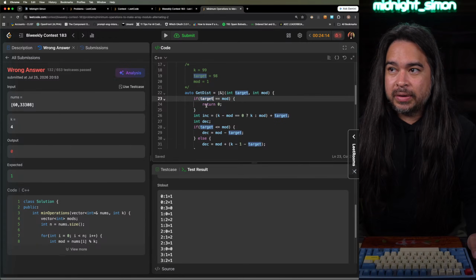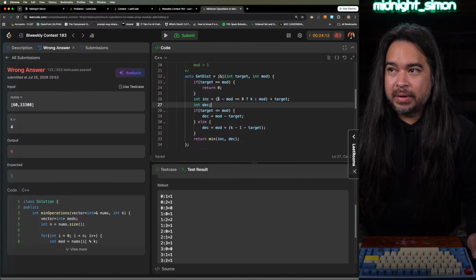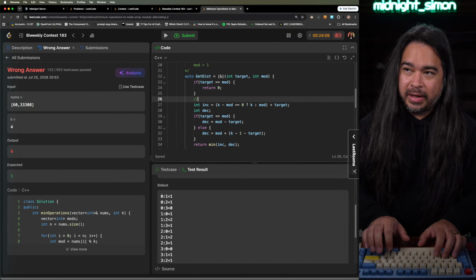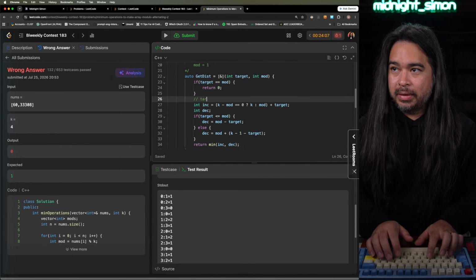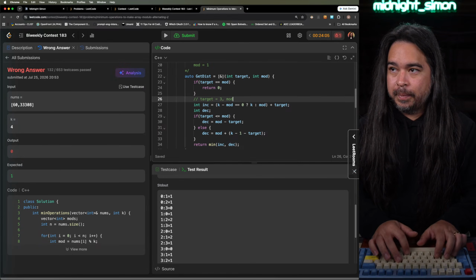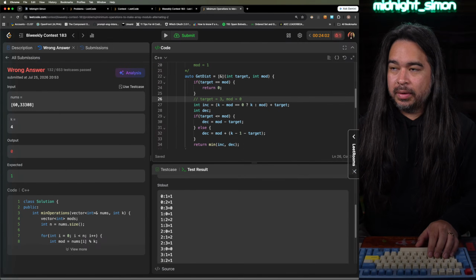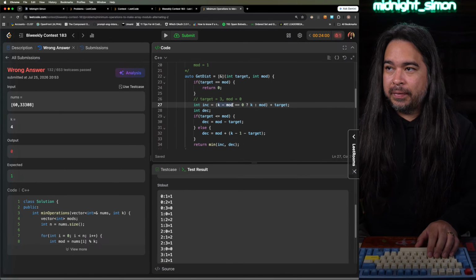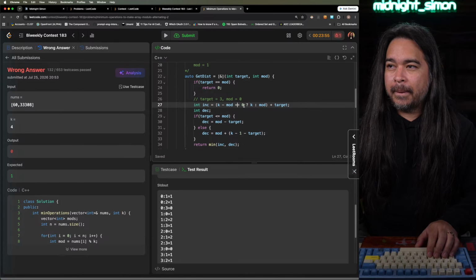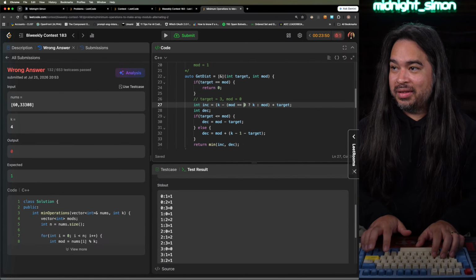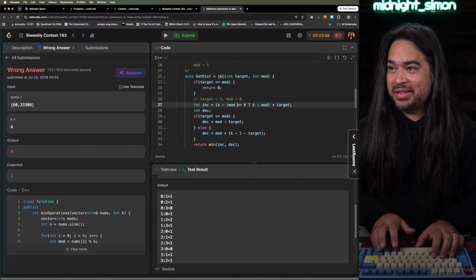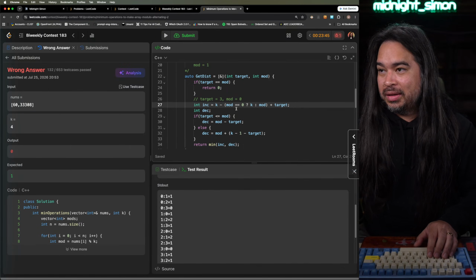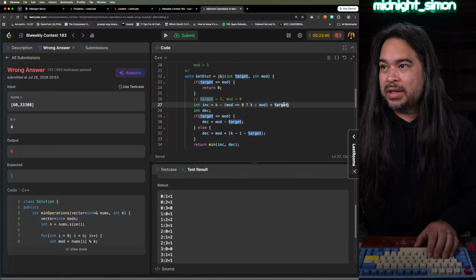So if the target is 3 and the mod is 0. Let me try and find this bug, man. So K is 4. Well, this is a little wild. Plus targets.